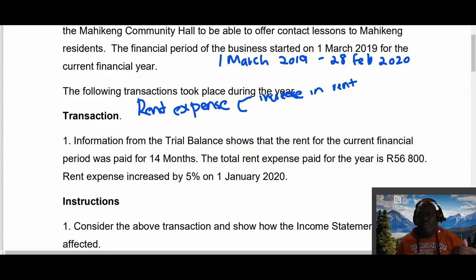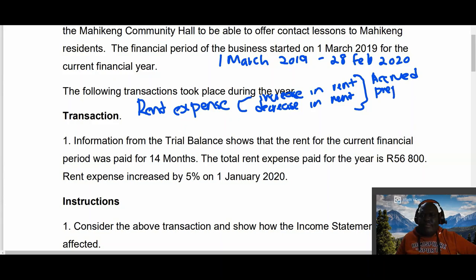These are the things that will normally be included in the transaction that you'll be given. So there will be an increase in rent, sometimes there will be a decrease in rent. Okay, and another thing that you also need to keep in mind is whether the rent that we are paying will be accrued, or will it be prepaid?